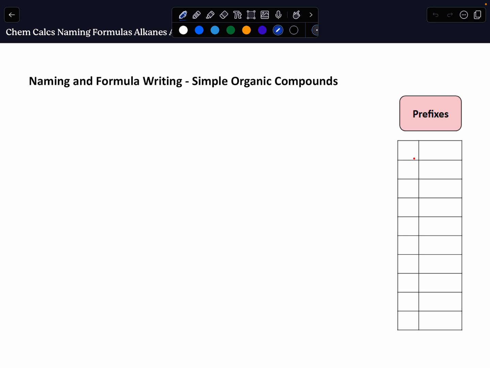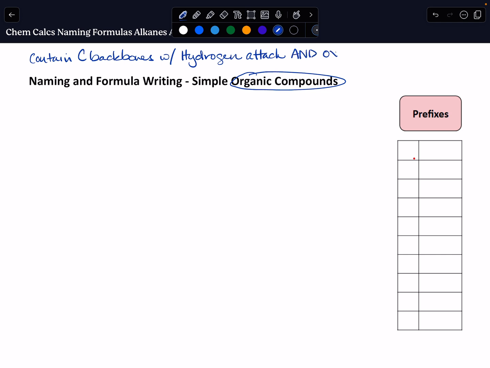Okay, so let's start by talking a little bit about what an organic compound is. All right, these compounds contain carbon backbones with hydrogens attached to those carbons, and then sometimes other elements such as oxygen, nitrogen, you see sulfur.